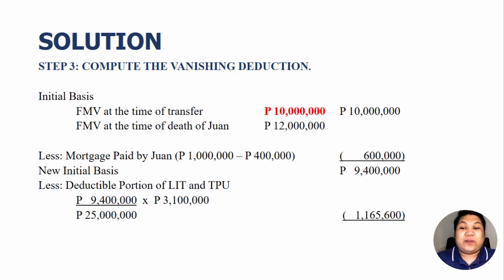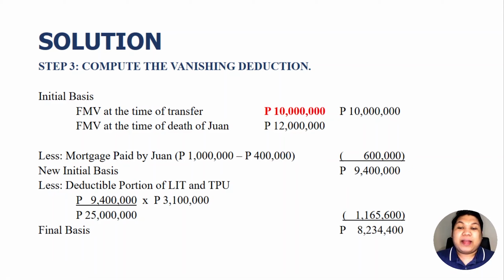So the new initial basis of 9.4 million divided by the total gross estate of 25 million times the lit plus the transfer for public use. So the deductible portion here is 1,165,600 pesos. So here we can now deduct this amount from the 9.4 million.